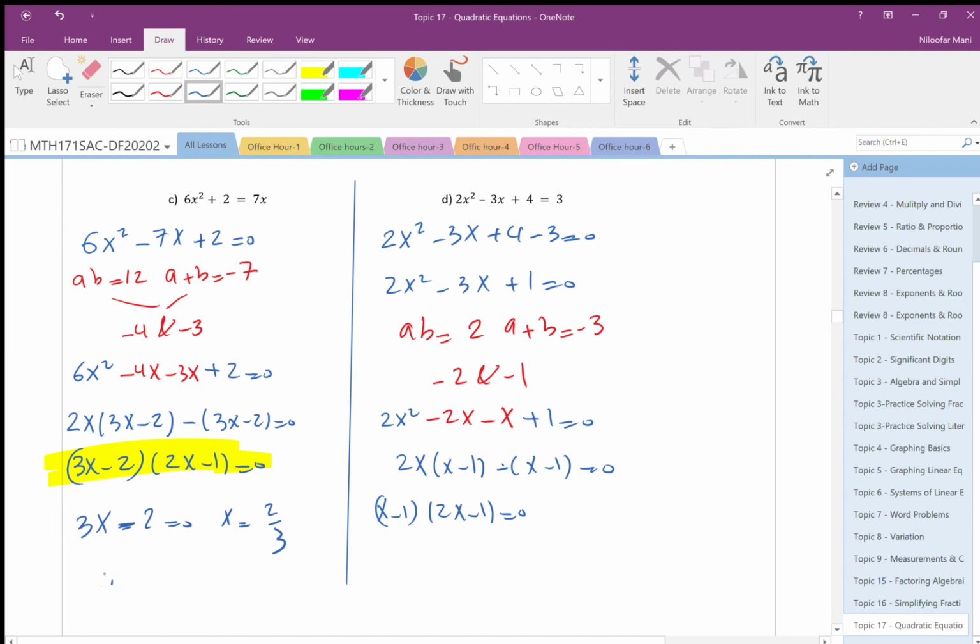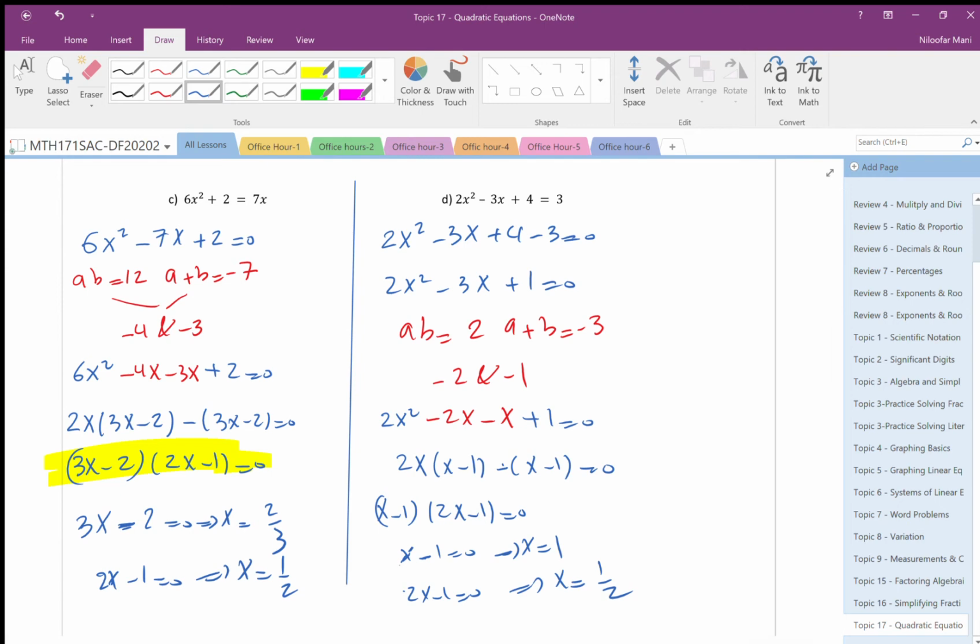And 2x minus 1 equals 0, so x is 1 over 2. Then x minus 1 equals 0, x is 1. 2x minus 1 equals 0, x equals 1 over 2. Okay?